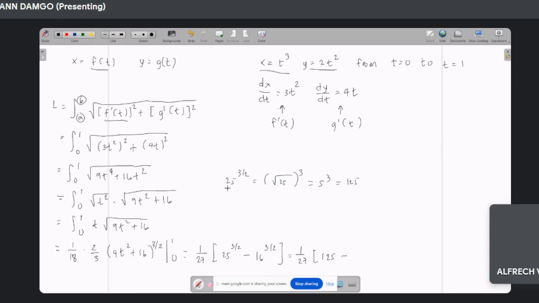Minus, so ang 16 to the power of 3 halves can be written as the square root of 16 to the power of 3, which is 4 cubed. This is 64. Okay, so simplify. This is 1 over 27 times 61.